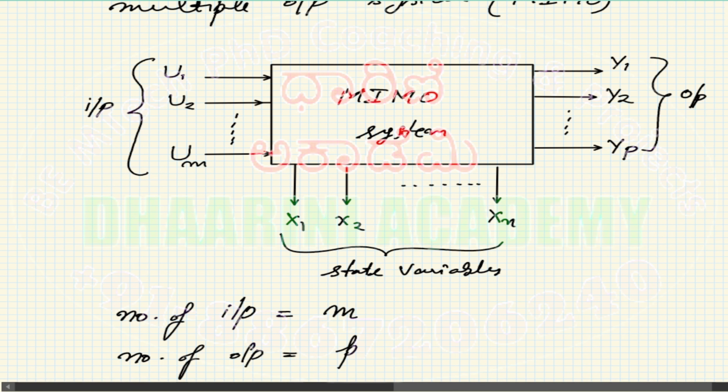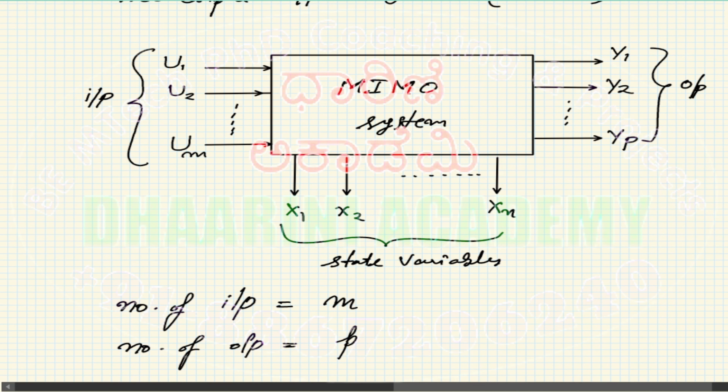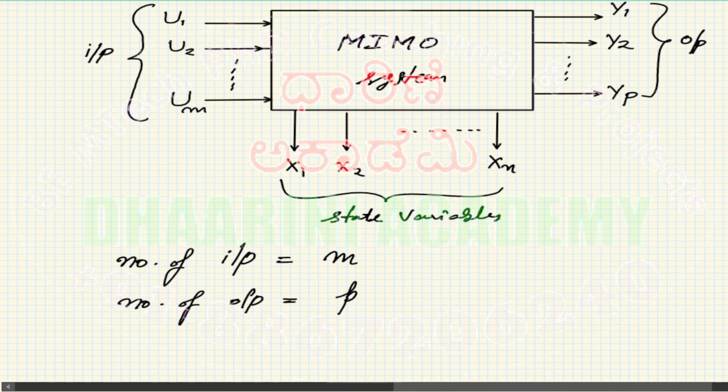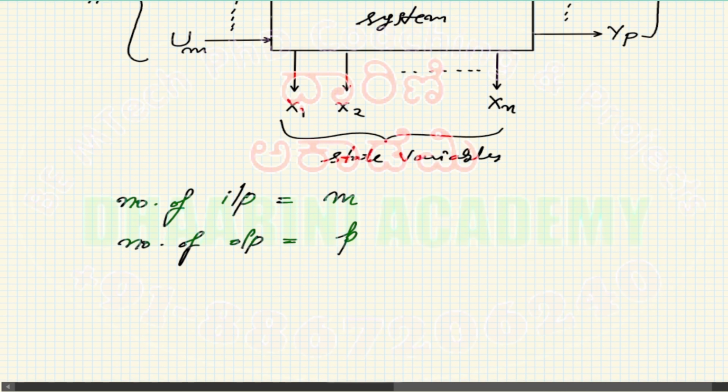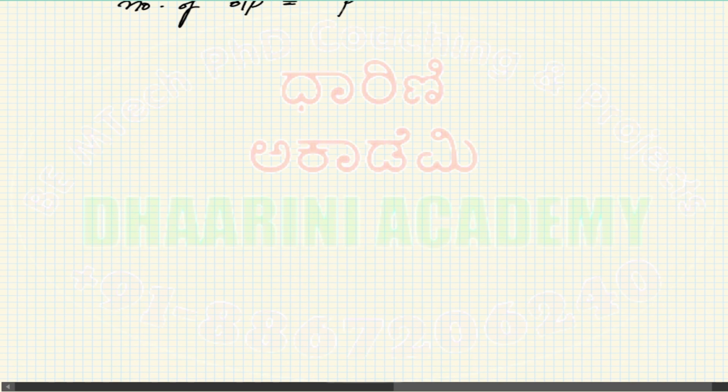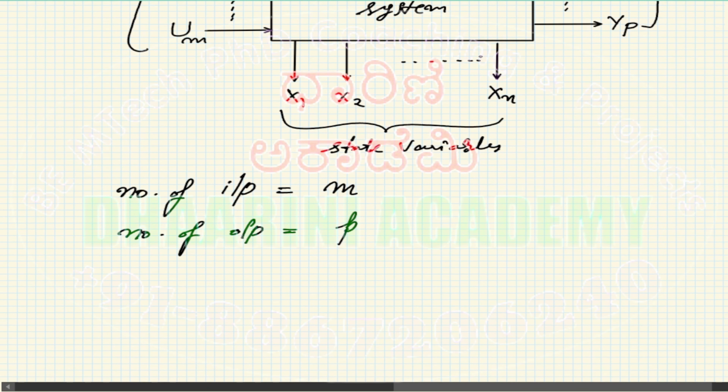So the inputs u1, u2, u3, dot dot dot up to um, their instantaneous values can be represented in the form of a vector. If you are able to represent it like that, then what should be the u of t matrix? If I want to bring in the matrix format, every value you write inside this matrix is an instantaneous value. Like u1 has a value u1 of t at a given point of time t.